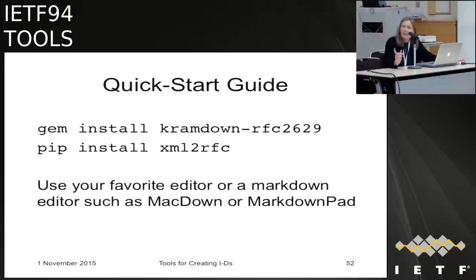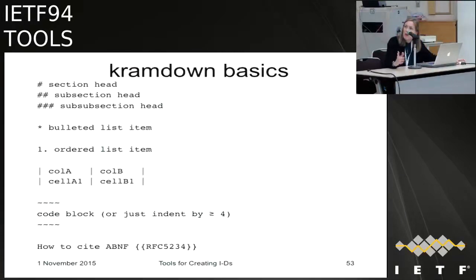And this is what it kind of looks like. If you've edited a wiki page, it's very similar. Where I think it gets a little clunky is the table. I mean, you could argue the table is also clunky writing in XML directly.